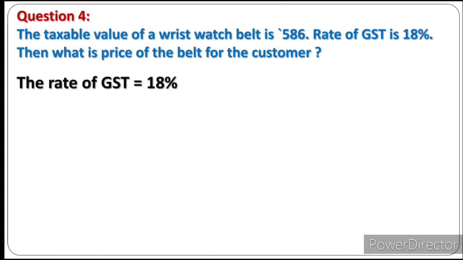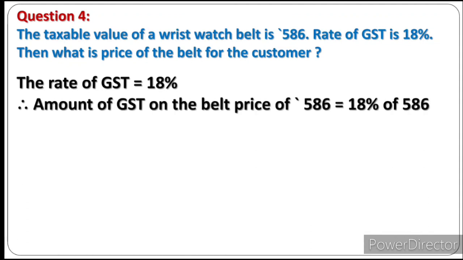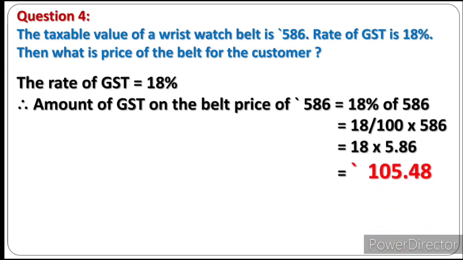So now the rate of GST is 18%. Amount of GST on the belt, we will see what it is. It will be 18% of 586, that is 18 upon 100 into 586. So 18 multiplied by 5.86 gives you 105.48 rupees. So the taxable value is 586 rupees and the GST charge is 105.48 rupees.